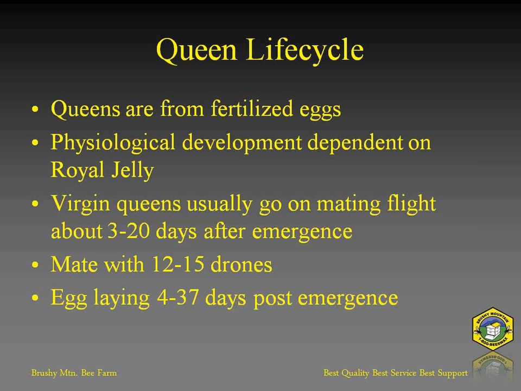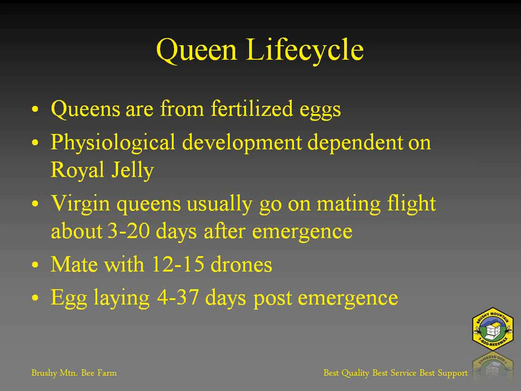And after she comes back to that colony, if she makes it back alive and well, she'll begin egg laying anywhere from 4 to 37 days post-emergence. Again, this is sort of a range that I found when I was doing a literature review. Rarely do we see queens that start to lay 37 days after they've emerged and gone on a mating flight.